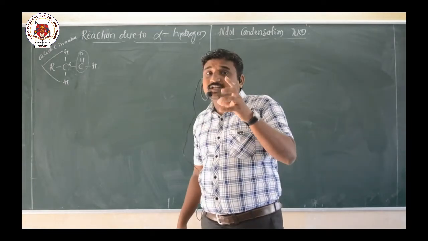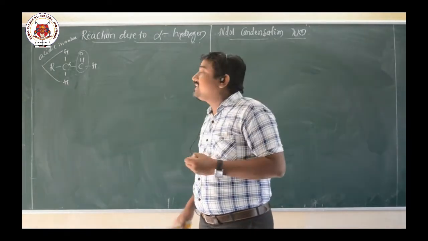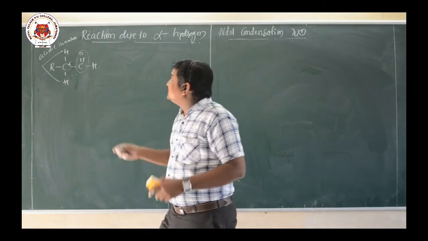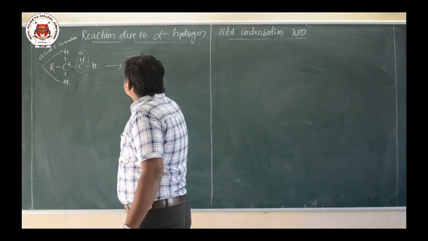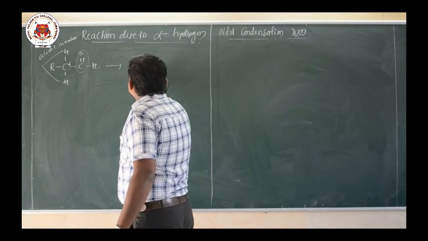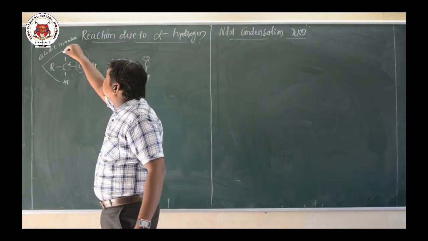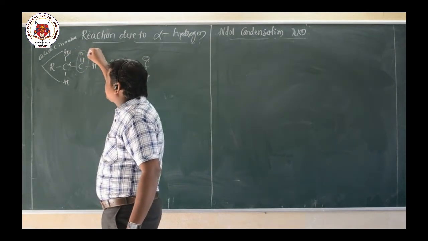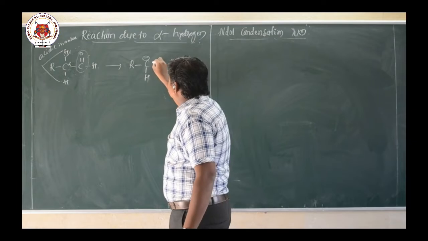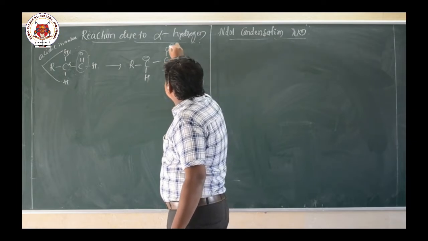Hence there is a formation of an anion, because it readily loses H plus ions because of the strong electron withdrawing capacity of this carbonyl carbon atom. Now this oxygen will take what here?